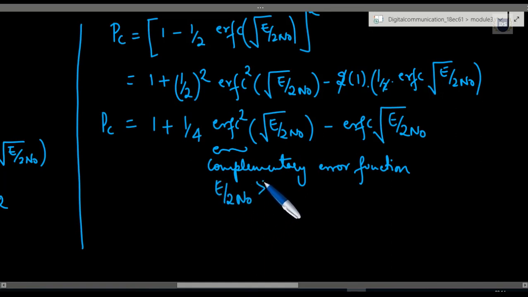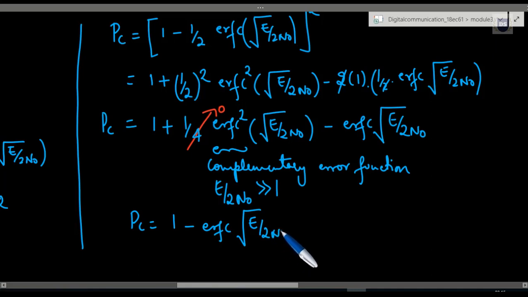Assuming this to be much greater than 1, I can neglect this second term. So this second term can be neglected because it tends towards 0, and all that will be left is PC equal to 1 minus the complementary error function of the square root of E by 2 N naught.